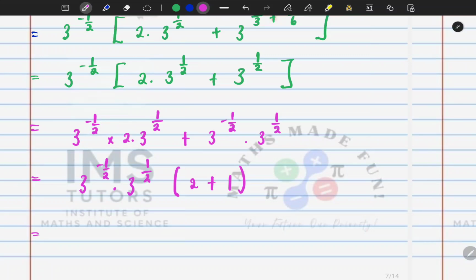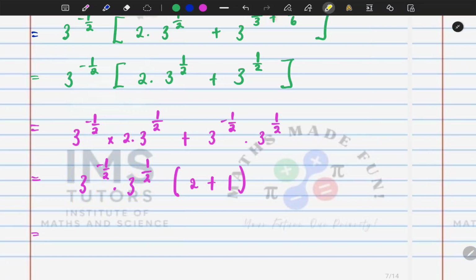If you can see here, now you have the same bases. And what can you do when you have the same bases?